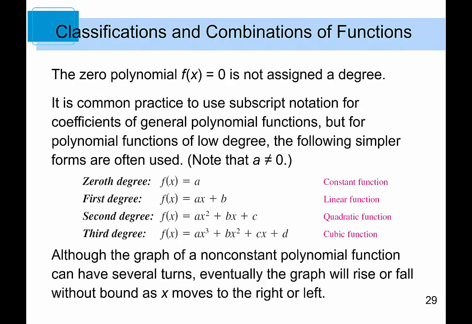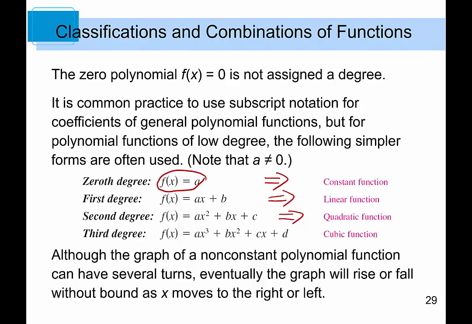So for polynomial functions of degree 0, we get f of x equals a, so it's a constant function. First degree renders f of x equals ax plus b, that's a linear function. Second degree renders f of x equals ax squared plus bx plus c, so this is a quadratic function.